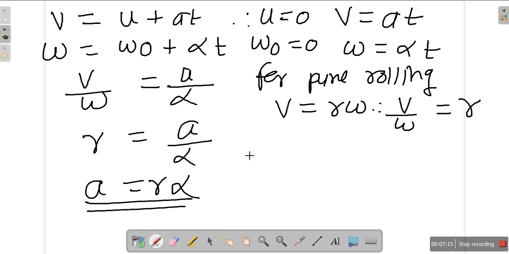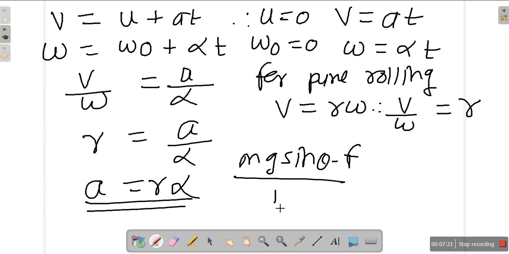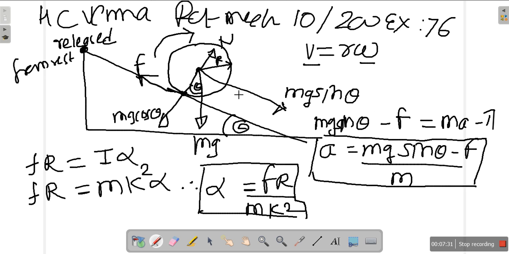So, A is mg sin theta minus f upon m is equal to R, and what is alpha? Let us take a look at alpha again. Alpha is fr upon mk square. See here, alpha is fr upon mk square. Again I am going to substitute it.